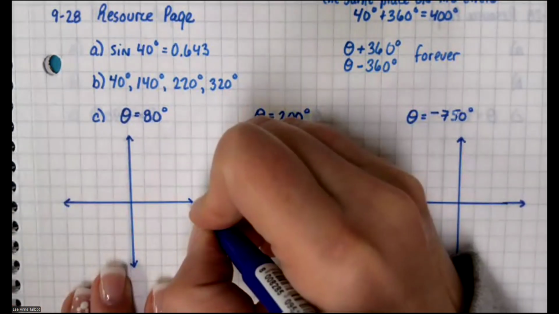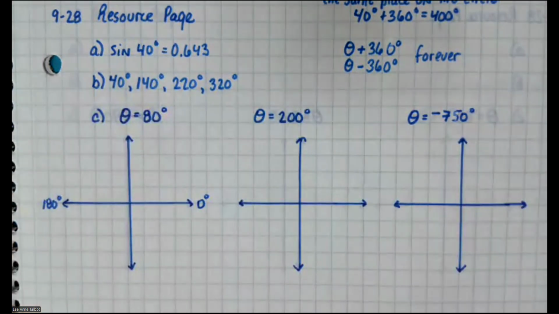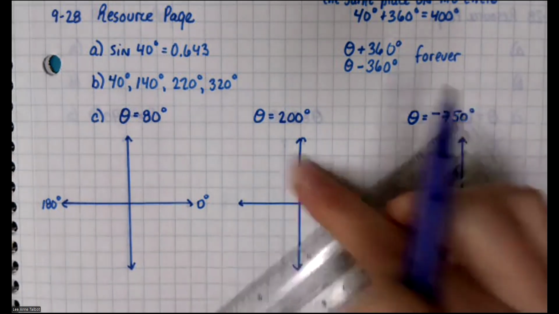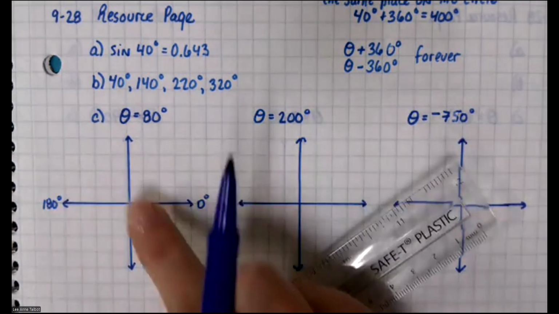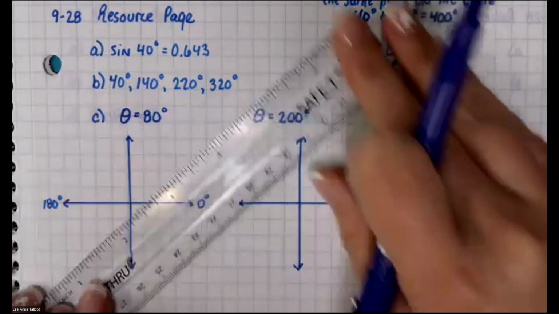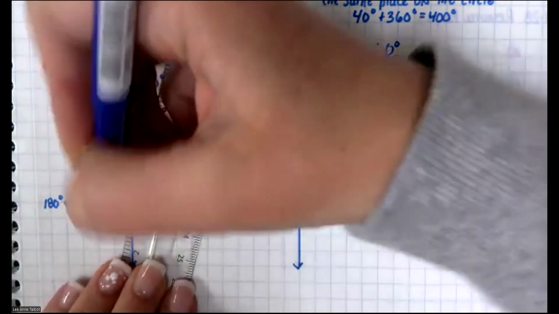First, 0 and 180. I suggest that those are the two things that you label on the axes, 0 and 180. And where is 80 about? If this is 0 and this is 180, where is 80? Like almost to 90, right? Now it doesn't have to be perfect.